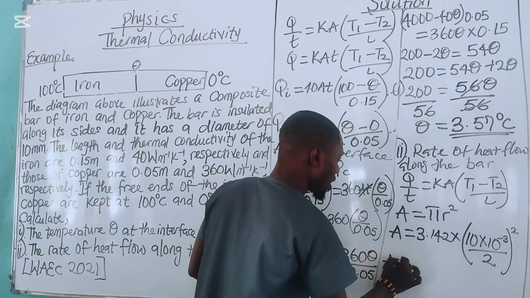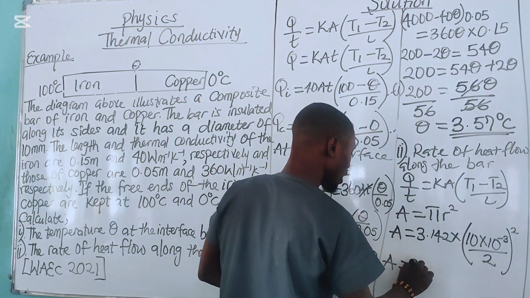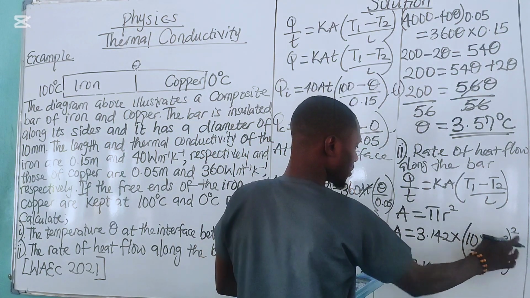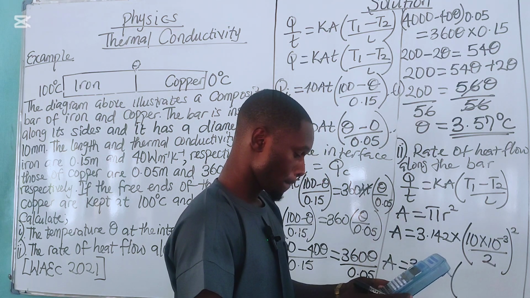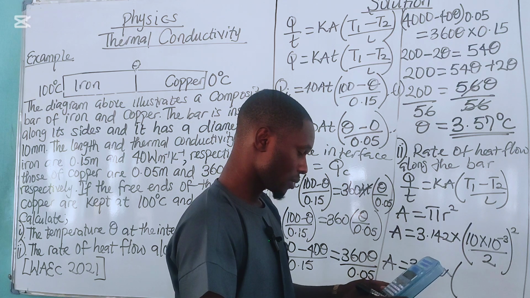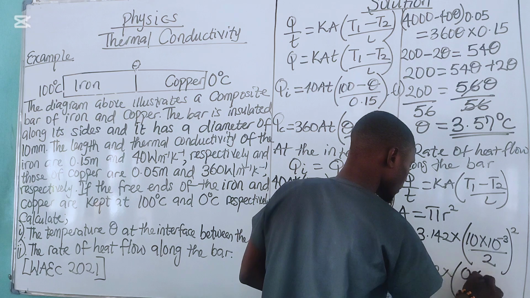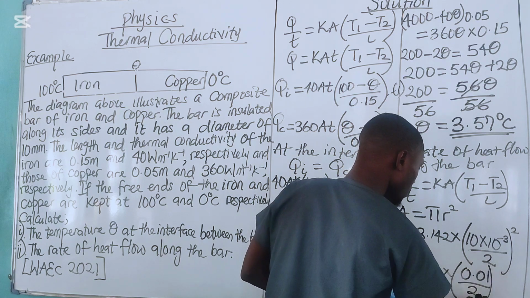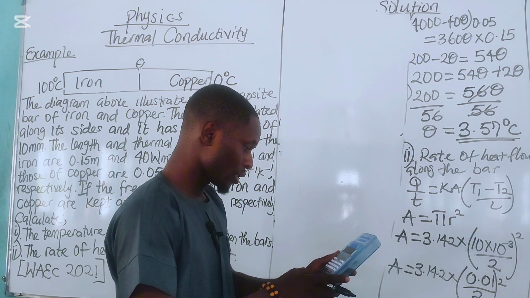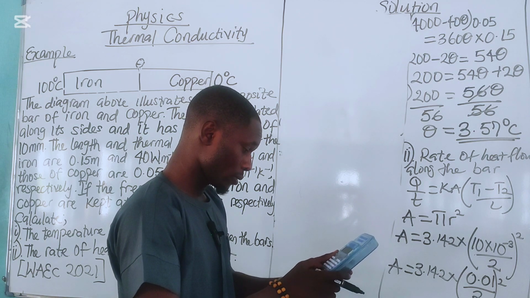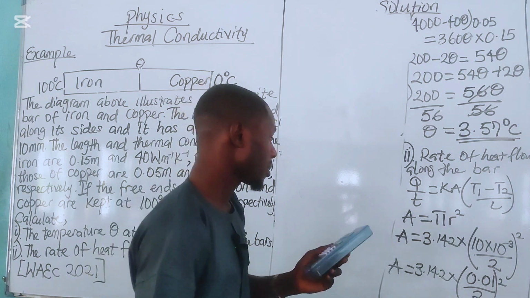So let's evaluate it. We have 3.142 times everything in this bracket. 10 power minus 3 is 0.01, divided by 2, all squared, which gives 2.5 times 10 power minus 5.